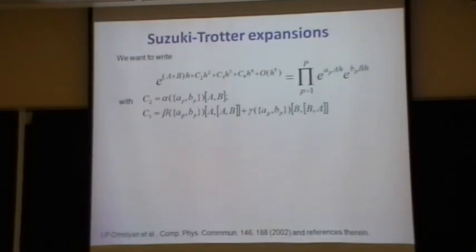So what we want to do is write this evolution operator, which involves HA and HB, as a product of little evolution operators with corresponding coefficients AP and BP.